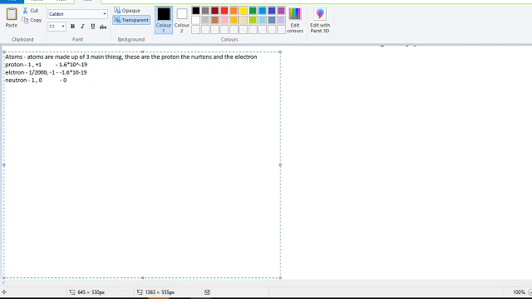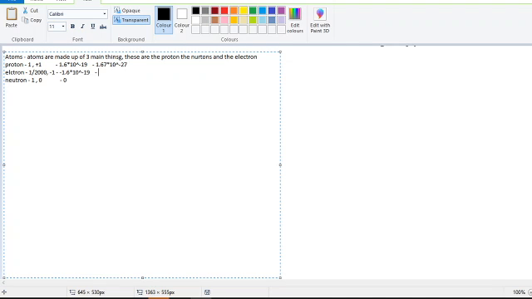But as far as the mass goes, there is a difference now, and the difference is that all of them actually change. So the proton is 1.67 times 10 to the -27.